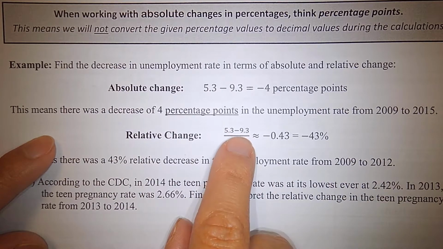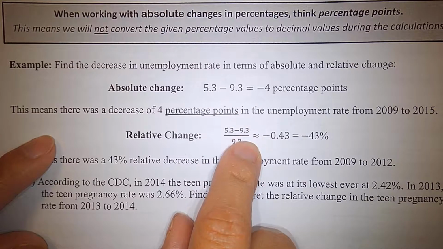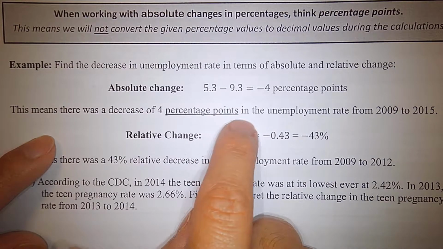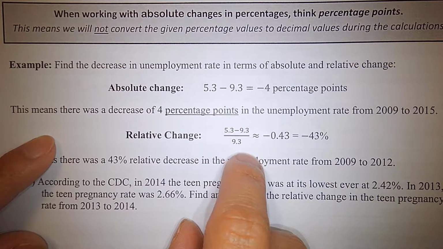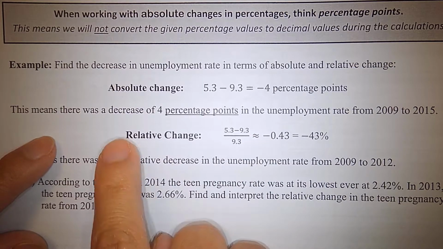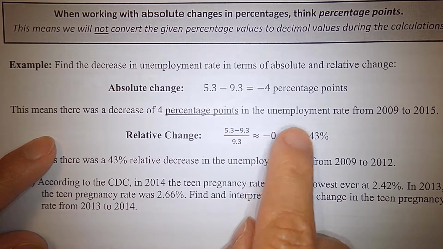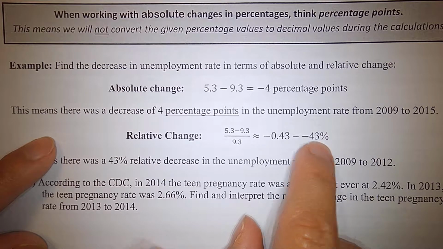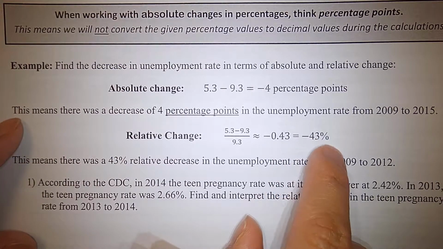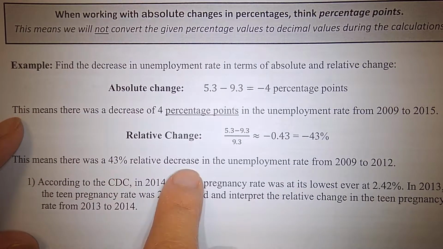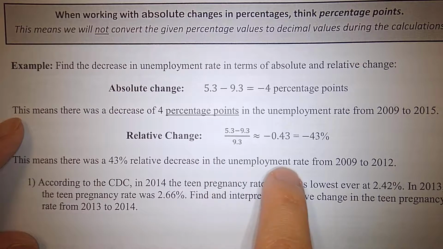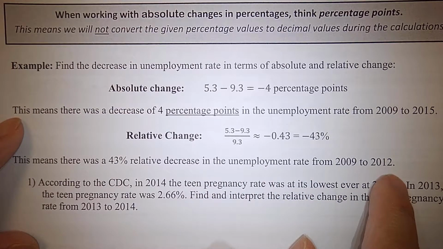Relative change, you see, same thing, we'll only use percentage point. We will not include those percentage signs, okay? However, relative change, eventually that result is a percent, so we get a negative 43%, a 43% decrease in the unemployment rate from this year to that year, you guys?